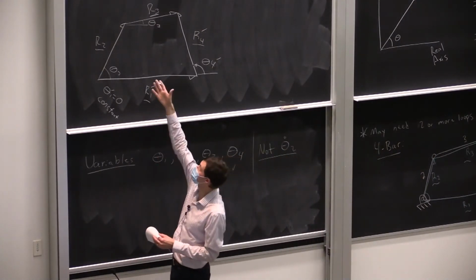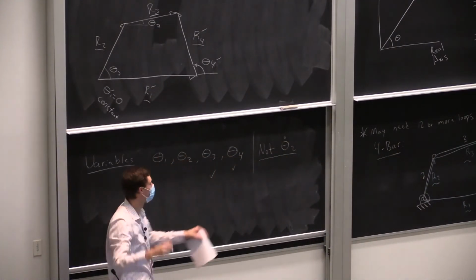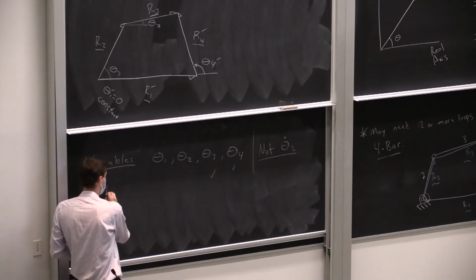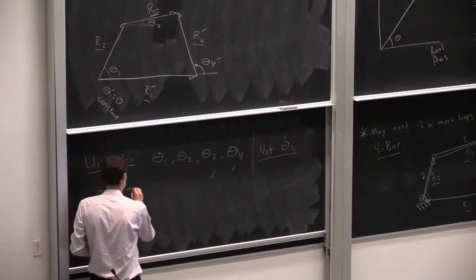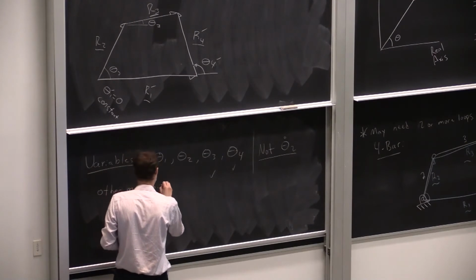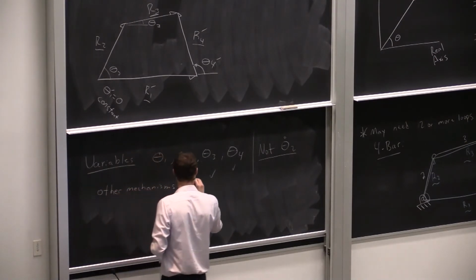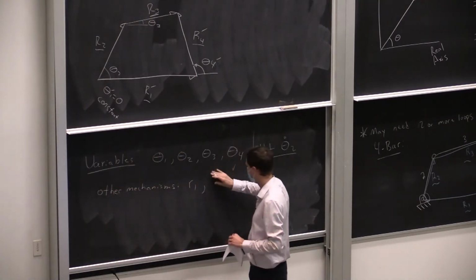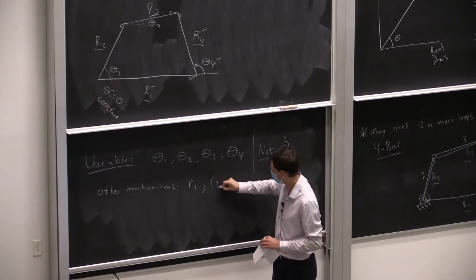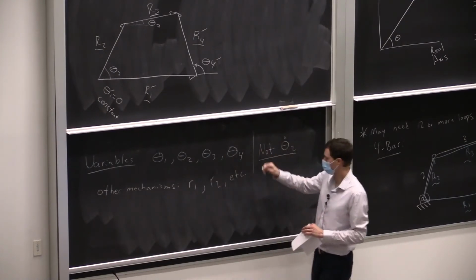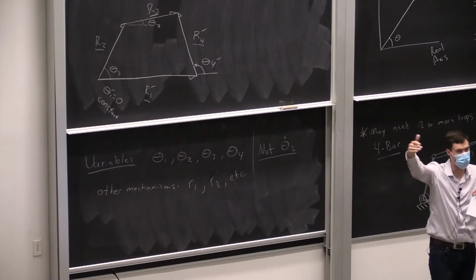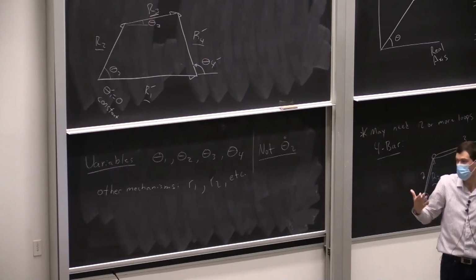Okay, other mechanisms will have sliders, and those will have r as variables. So the length of each vector can be another variable for other mechanisms.